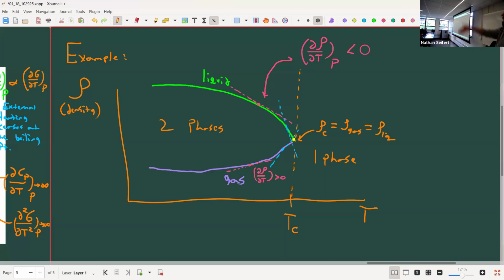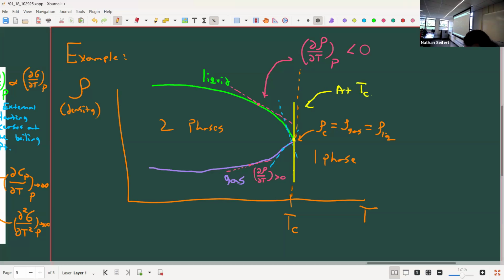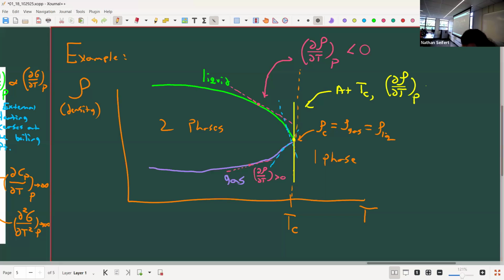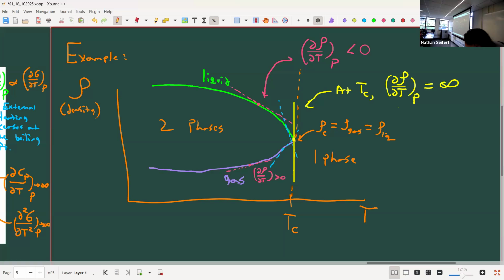The derivative is straight up and down. So at the critical point, at critical temperature, the derivative of the density with respect to temperature at constant pressure is infinity. It diverges.